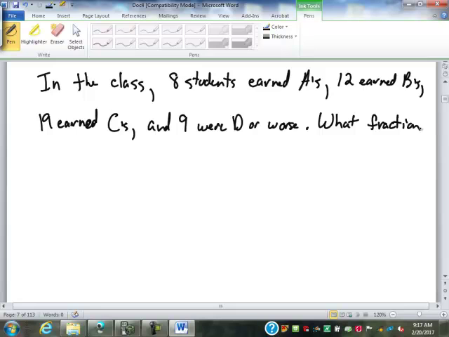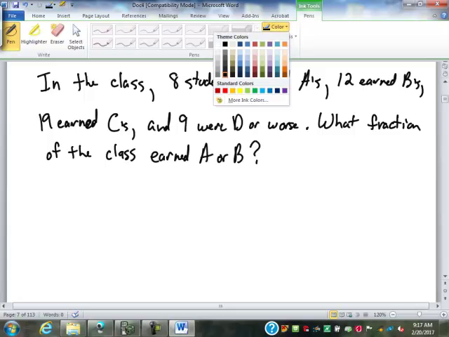What fraction of the class earned an A or B? In your notes, try to figure that one out for me.